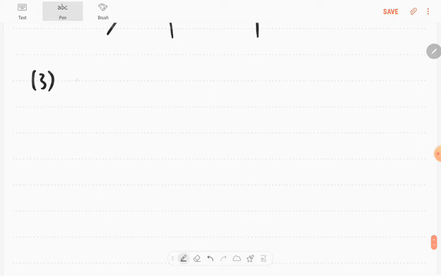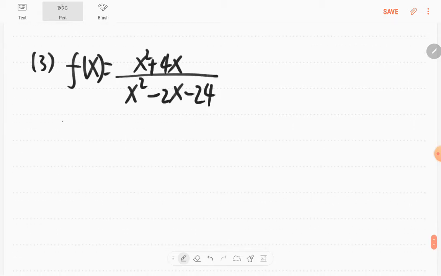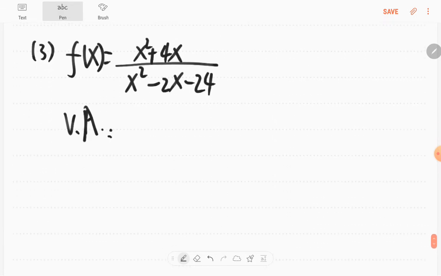Third, f of x equals x squared plus 4x over x squared minus 2x minus 24. Okay, to find the vertical asymptote, the first thing you need to do is simplify.